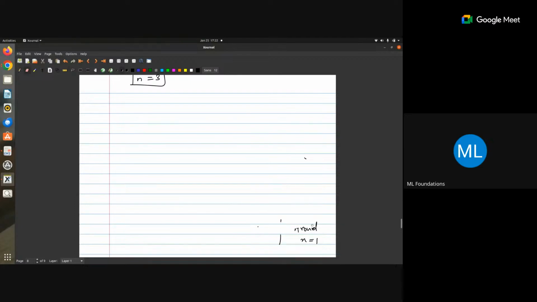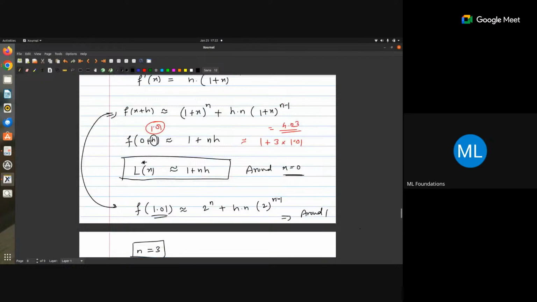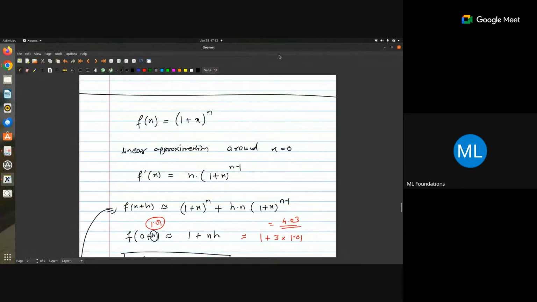We wanted to find, okay, so in that case, I got it. So we have been asked to find the value of 1.01 to the power n, right? Or 3, let's say 3. So here n equals 3 and x should be equal to 0.01.